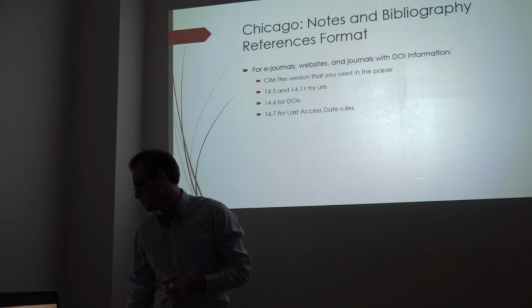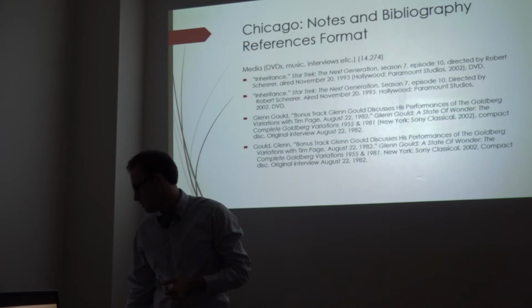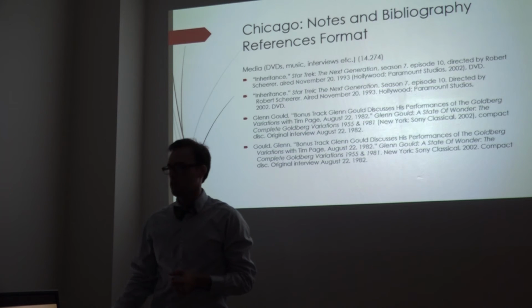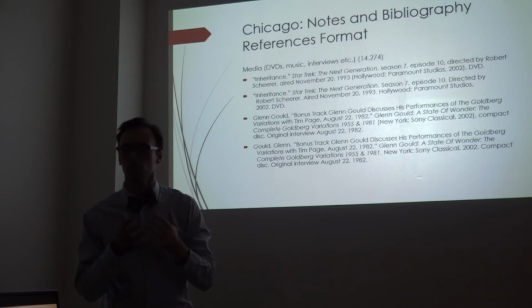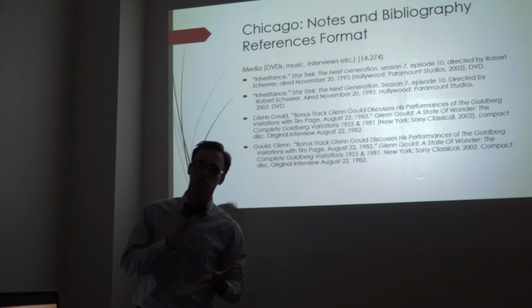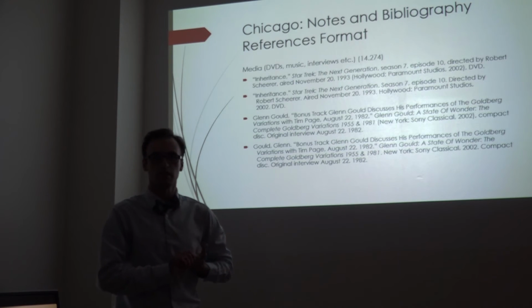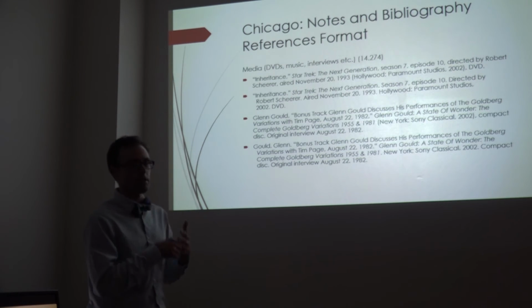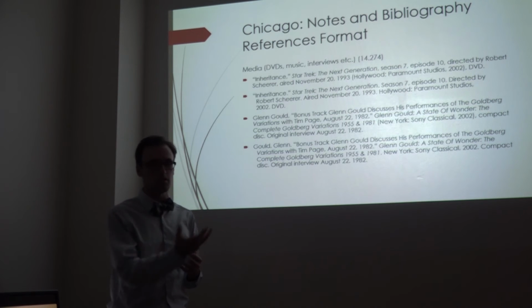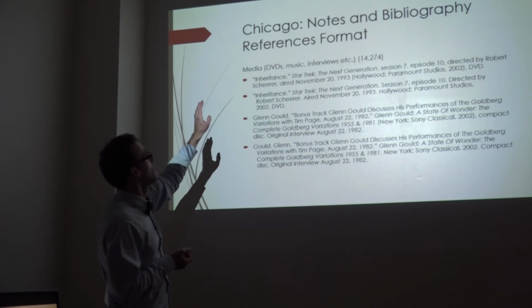So we've talked a little bit about e-journals and websites and journals already. Media, certain types of media, if you do cite a DVD, a CD, or some sort of content like that, there are special rules, which again continue the same form we find with everything else.